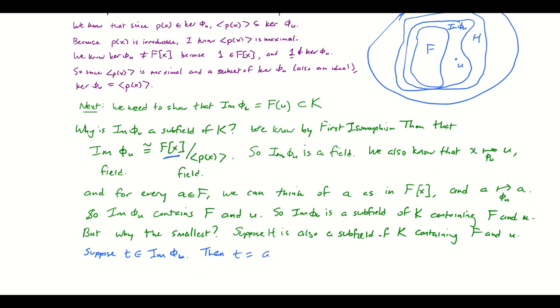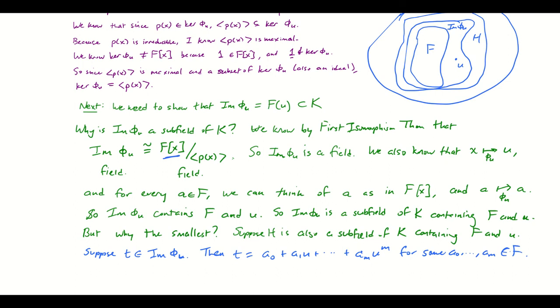So it has to be equal to a0 plus a1 u, etc., up through am u to the m for some coefficients a0 through am belonging to F. Okay, so that's a typical element of the image of the evaluation map.